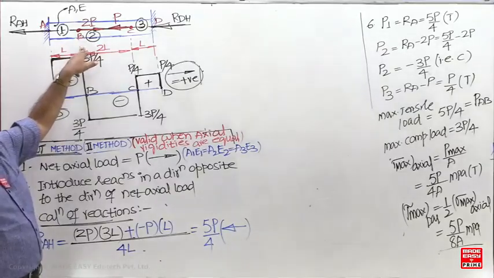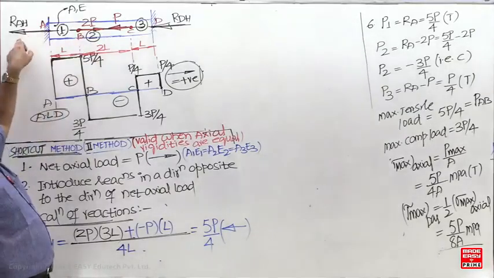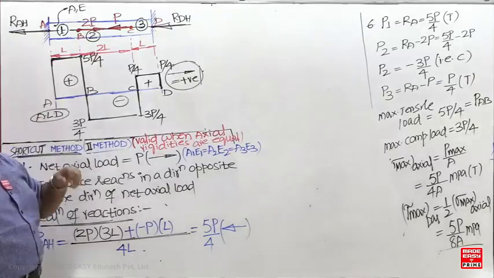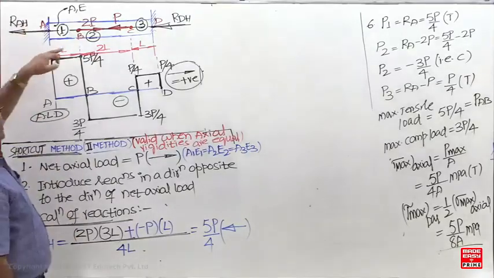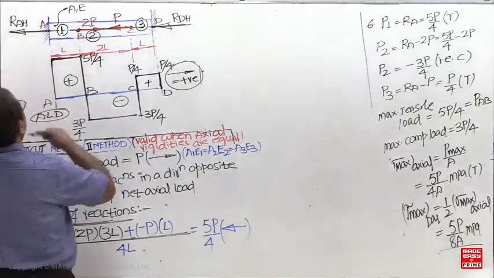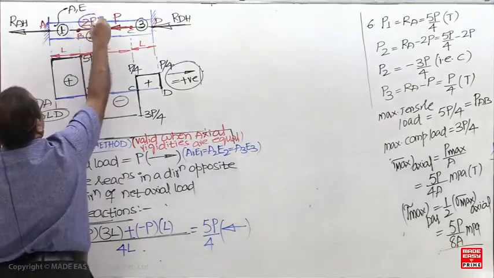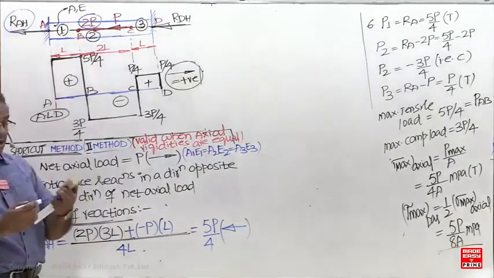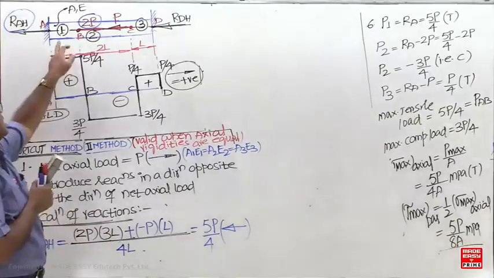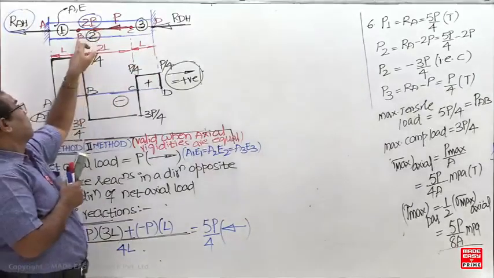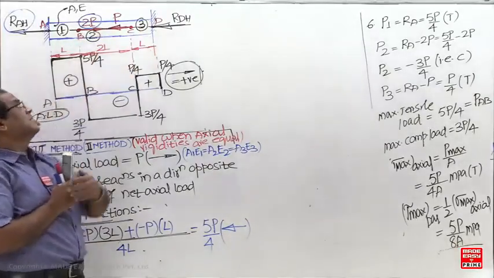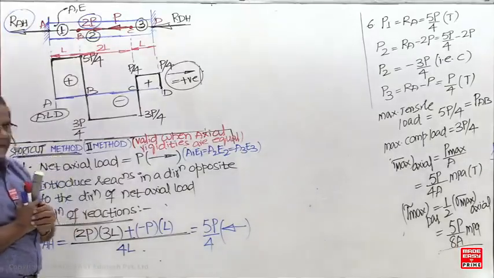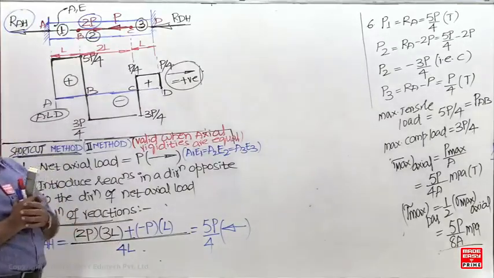Next, the load applied at B. Applied axial load and reaction: if both are in the opposite direction, plus RAH and 2P. Opposite direction means plus, and that should be multiplied by the distance to the other support. This load is applied at B. What is the distance between B and D? 3L. Next, 2P into 3L.